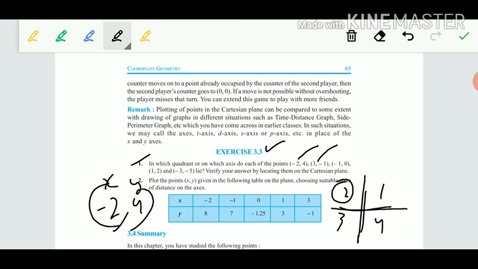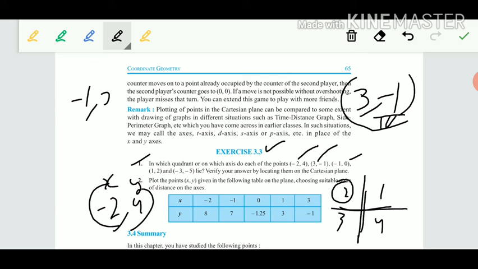Next part is (3, -1). X value is positive, y value is negative. So in which quadrant is it lying? Yes, it is lying in the fourth quadrant. Third is (-1, 0). X value is negative, y value is 0. Is it lying in any quadrant or on an axis?